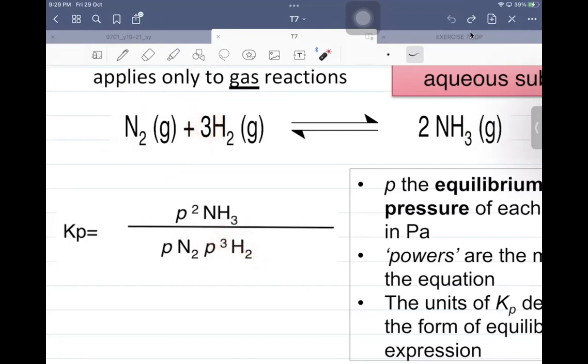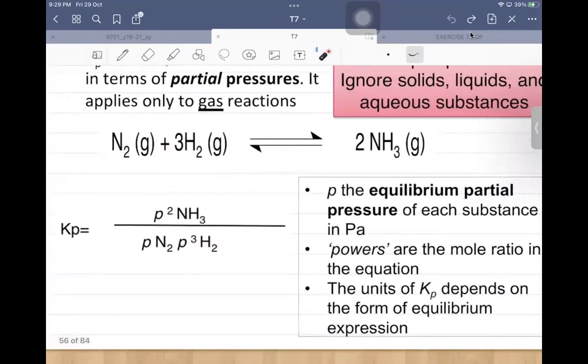Each P represents the equilibrium partial pressure. That is important because we do not take the initial pressure, we do not take the final, we take the partial pressure at equilibrium.